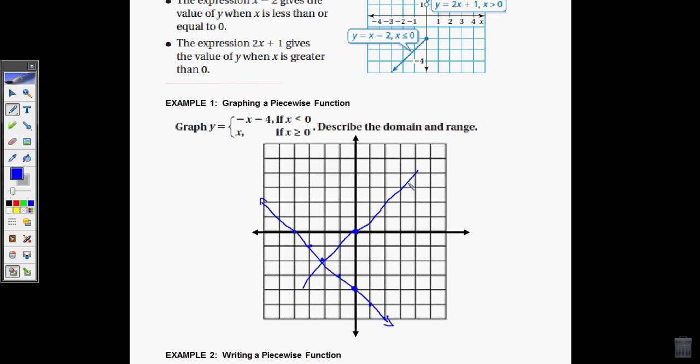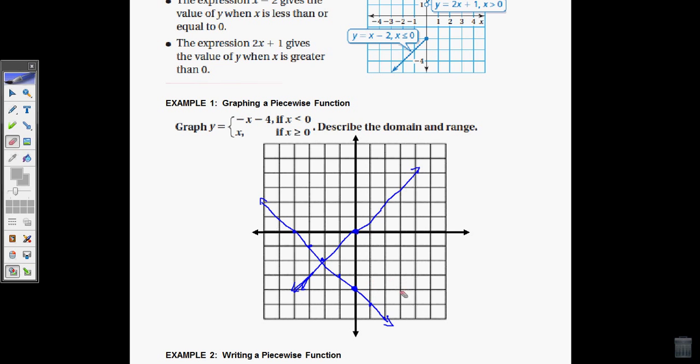Now, notice I did not pay attention to the domain there at all yet. What I'm going to do now is take off the pieces that I don't care about. I'm going to use my eraser, and I come over here, and the first part says that it should look like this negative x minus 4 function all the way for values that are less than 0.